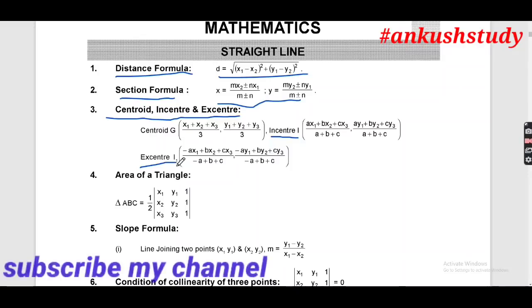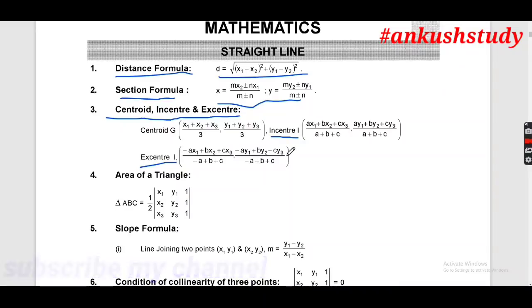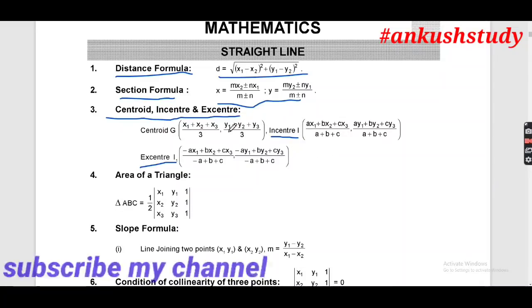Excenter formula: (minus a x1 plus b x2 plus c x3) upon (minus a plus b plus c), comma (minus a y1 plus b y2 plus c y3) upon (minus a plus b plus c).